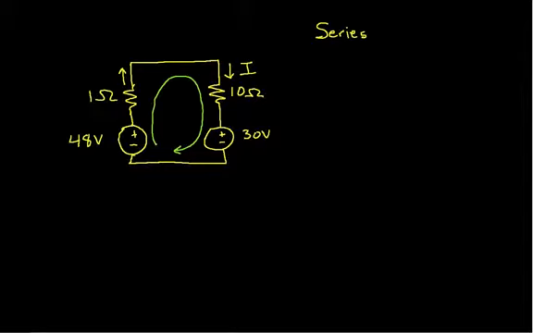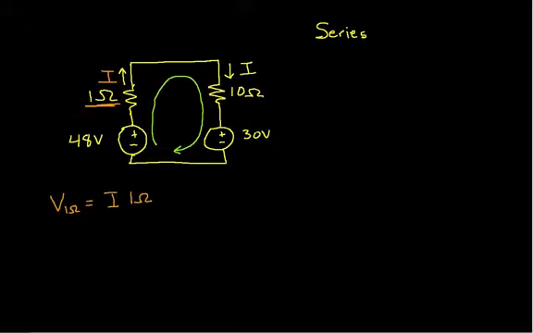So let's do that first with this 1 ohm resistor. If the current flowing through that 1 ohm resistor is I, and again I will be the current that flows through every element in this loop because they're in series, then the voltage of the 1 ohm resistor, we can write it like this, V sub 1 ohm, is the current times 1 ohm.